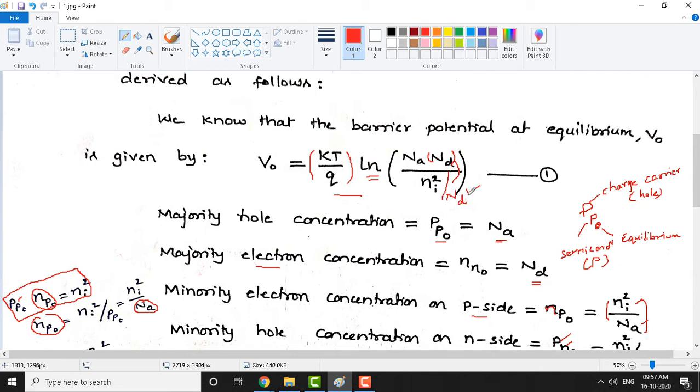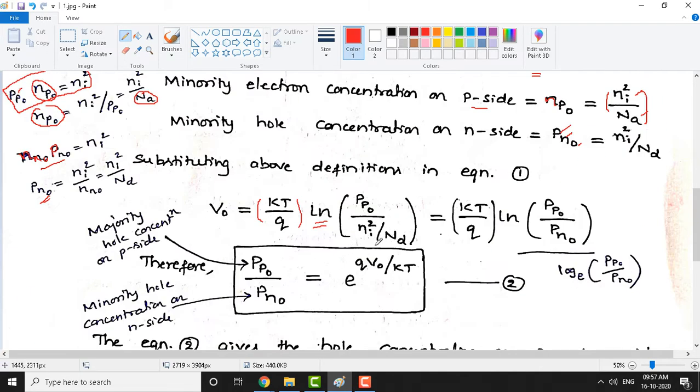The same equation is written here, and we already know the formula: Ni square by Nd is equivalent to Pn naught. So in place of Ni square by Nd, we can write Pn naught. Now you can see that after substituting, kT by q remains as it is, log e Pp naught by Pn naught. This is the simplified equation.